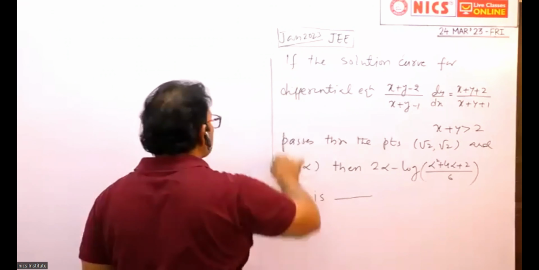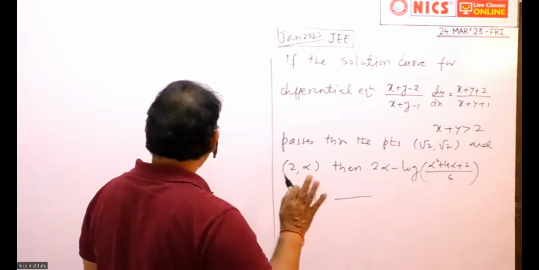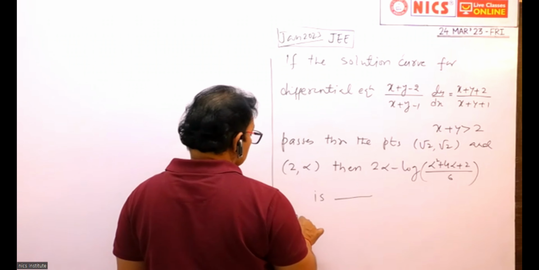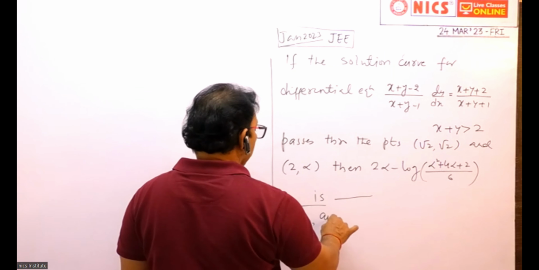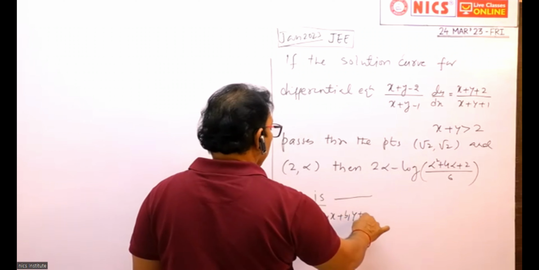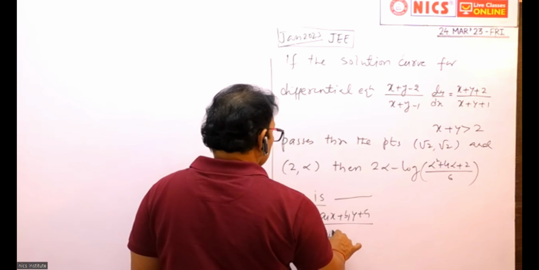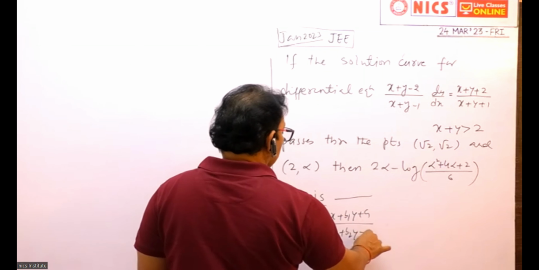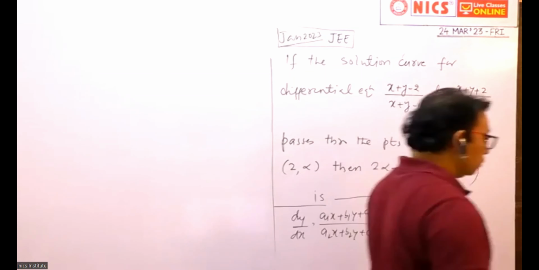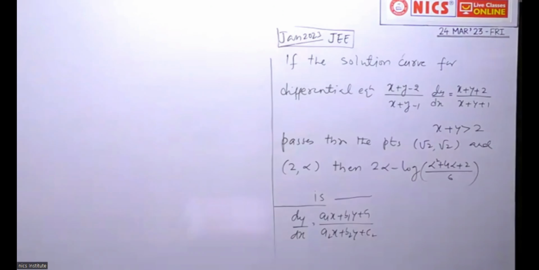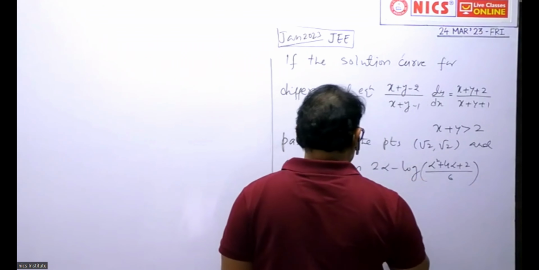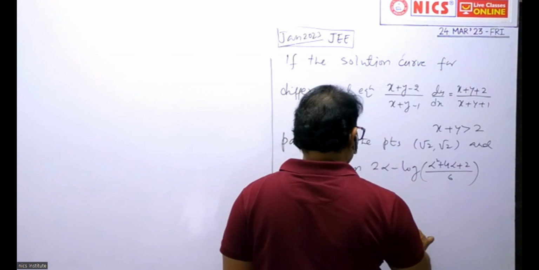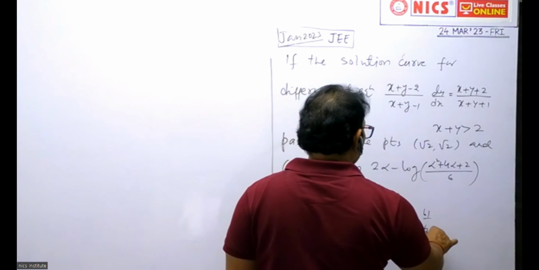Now, if you remember, we have discussed these kinds of questions. Two types of differential equation I discussed with you. One was dy by dx is equal to (a1x plus b1y plus c1) divided by (a2x plus b2y plus c2). In this differential equation, the situation arises that you have a1 by a2 equal to b1 by b2.